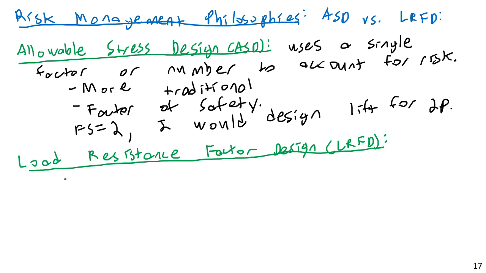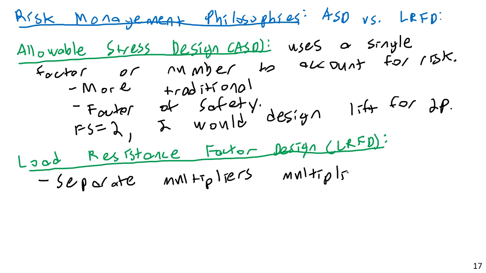Load resistance factor design, however, notice the words: load, resistance, factor, design. Here, separate multipliers are applied to the loads and the resistance depending on the level of uncertainty of each.